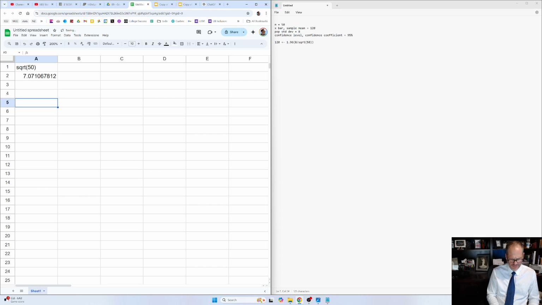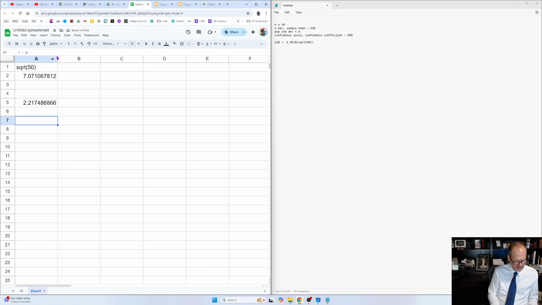Now we're going to have equals 1.96 times 8 divided by that. Is that right? It doesn't like it. I actually have to put in the multiplication symbol. There we go.